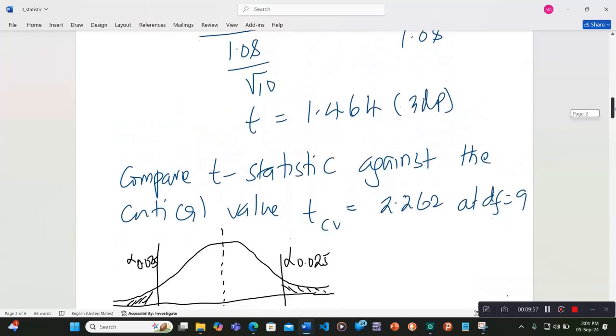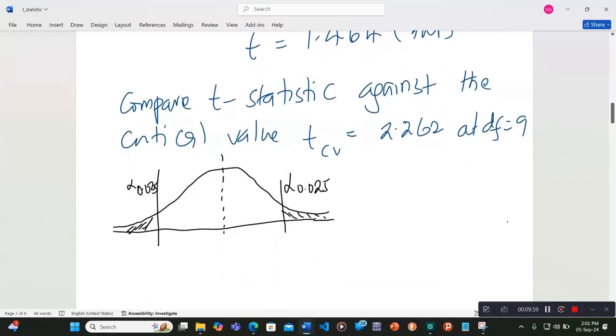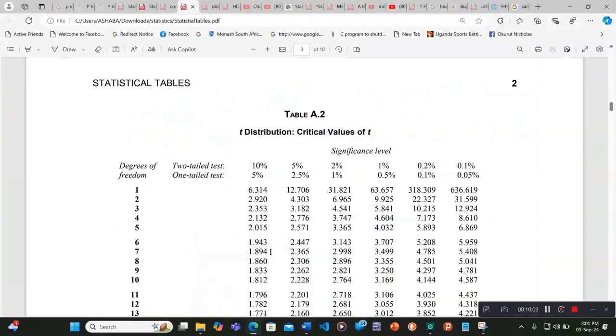If we go with the one-tailed test, the 2.5% level of significance for a one-tailed test is the same as the 5% level of significance for a two-tailed test.